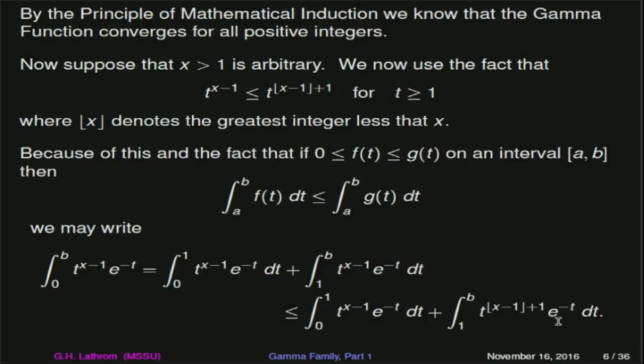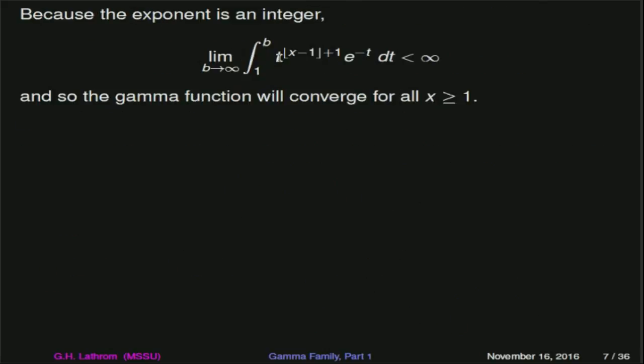And because our exponent happens to be an integer in this case, then as we take the limit as b goes to infinity, we get the gamma function evaluated at an integer, and so we get convergence. And so what that means is that our original integral for x also converges.